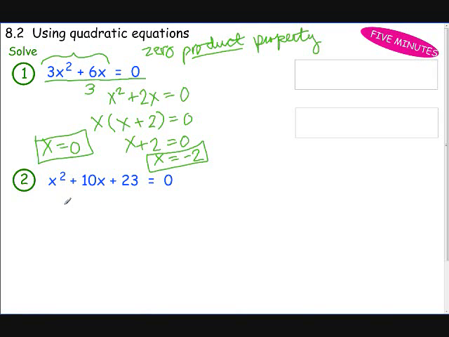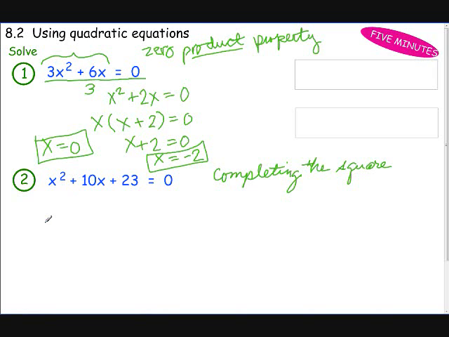This next one is a little trickier, because I don't think I'm going to be able to factor that. And therefore, I'm going to go right into this technique that we practiced in our last session, completing the square. That's going to be very valuable to us coming up when we study conics.